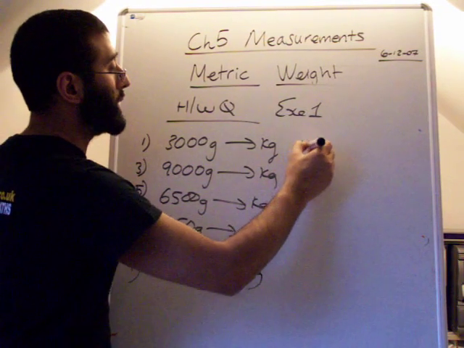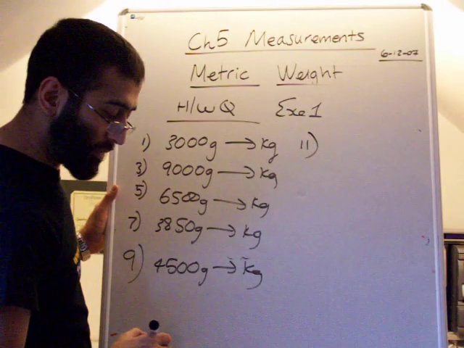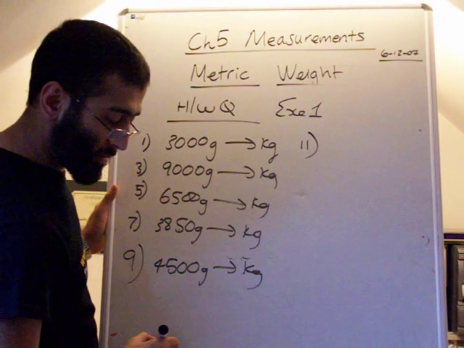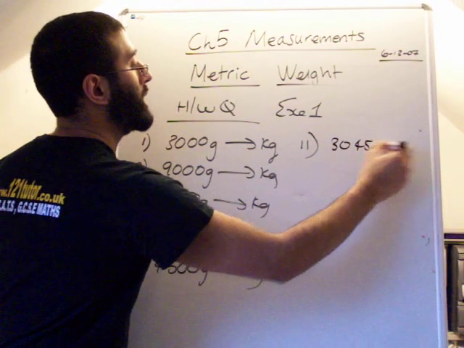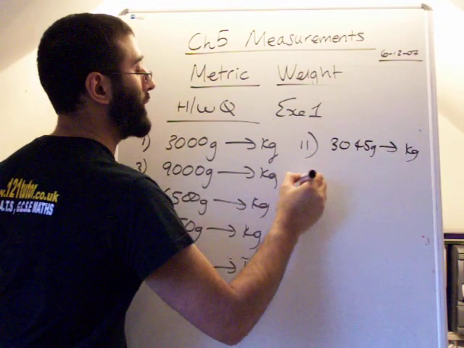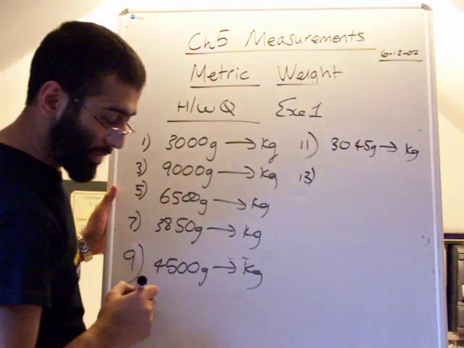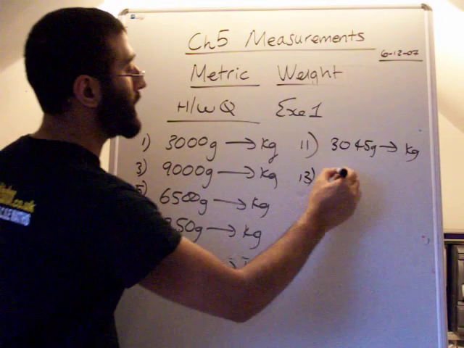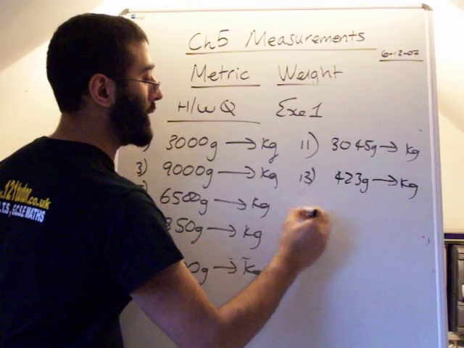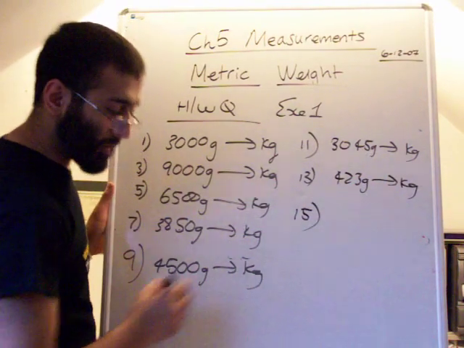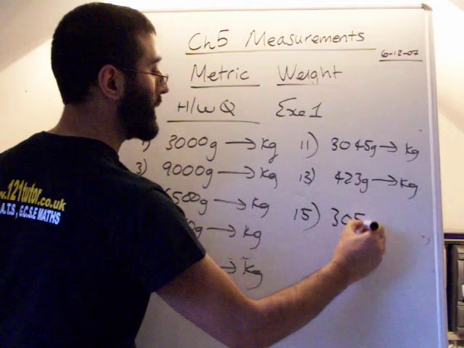And then we have question number 11, which is 3,045 grams. Change that to kilograms. And then we have 13. Number 13 is 423 grams. Change that to kilograms. And then we have number 15, which is 305 grams.